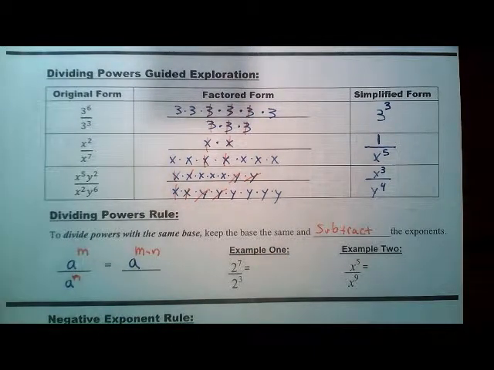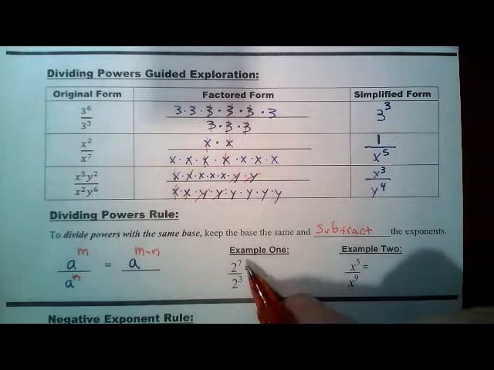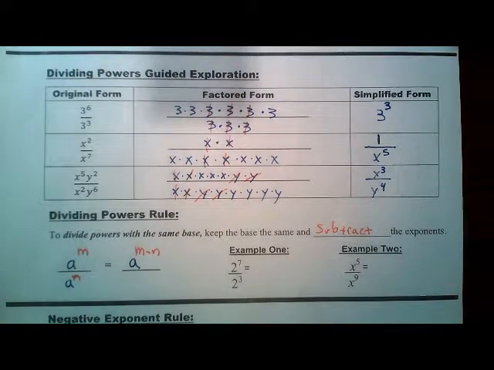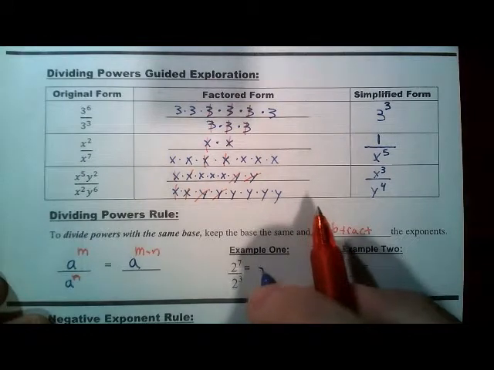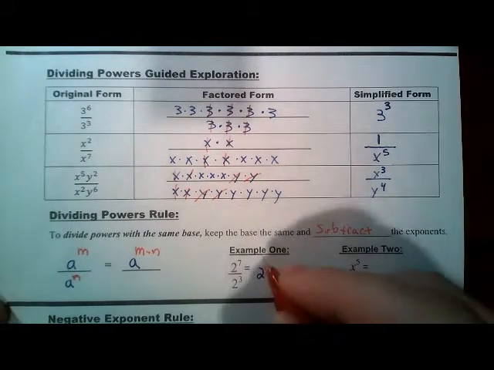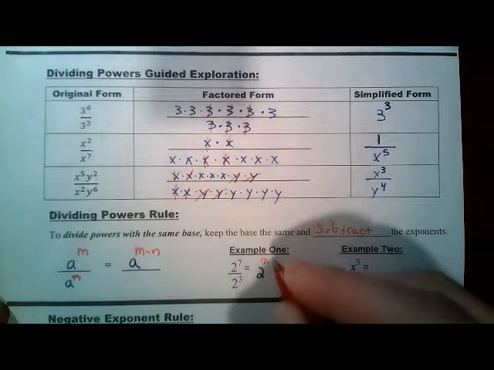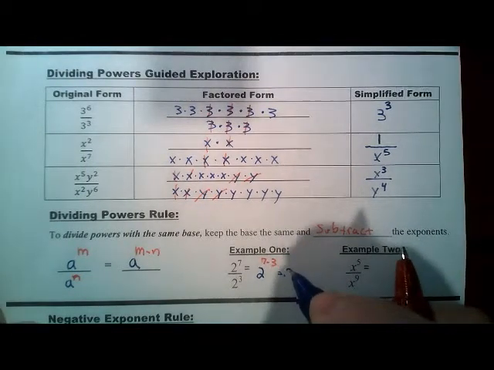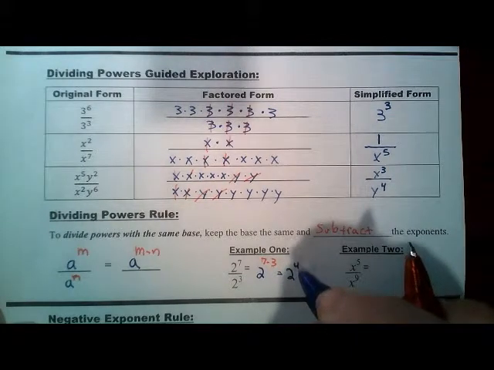So we're subtracting those. Example 1, 2 to the 7th over 2 to the 3rd. Well, this would be 2 to the 7 minus 3, which is 2 to the 4th.